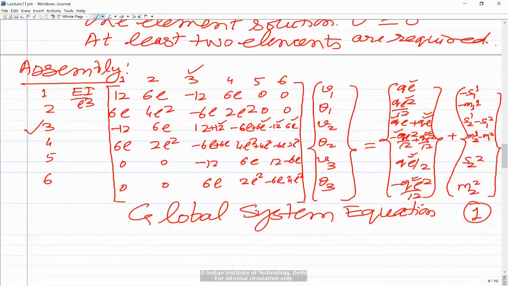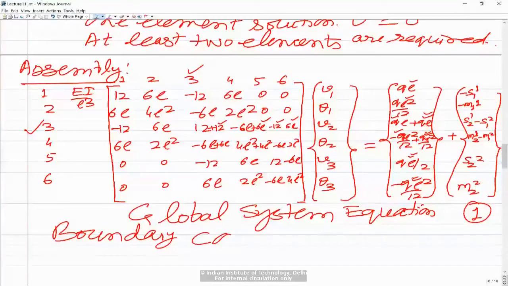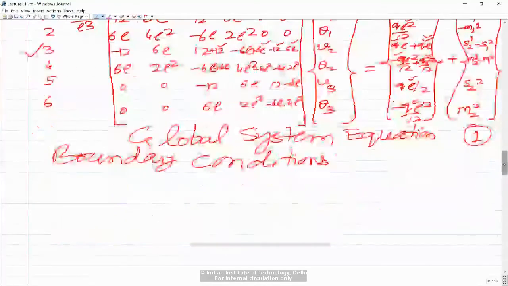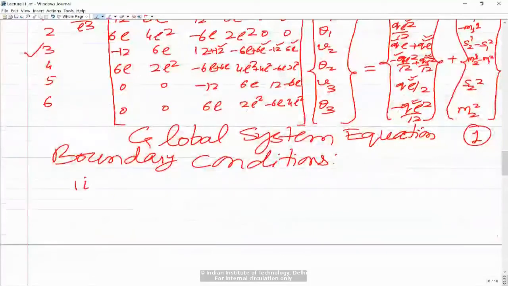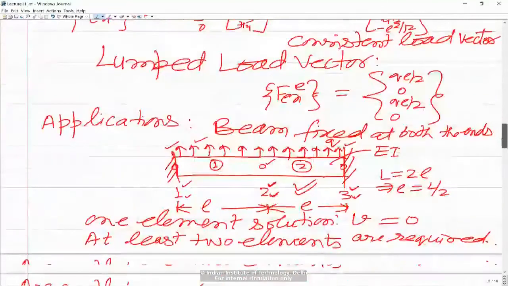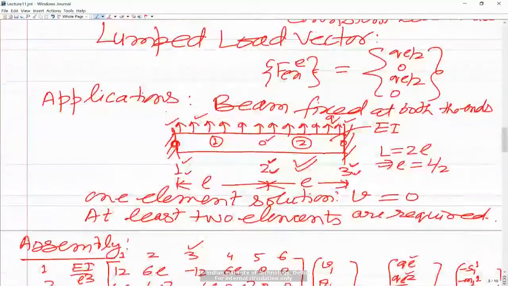So now for the given problem which I started with, let us look at the boundary conditions. The problem is a fixed beam. So the first node, because it is fixed, is not allowed to move in this direction.